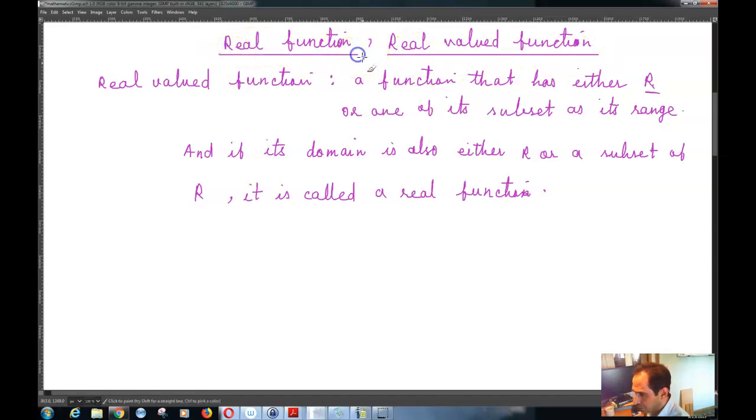So what they're saying here is that a real valued function is a function that has either R or one of its subsets as its range, meaning that the function goes from, for example, some x to R. Now this is the range of your function, and if the range is the set of real numbers or some subset of that, of course, the definition is not clear at all.